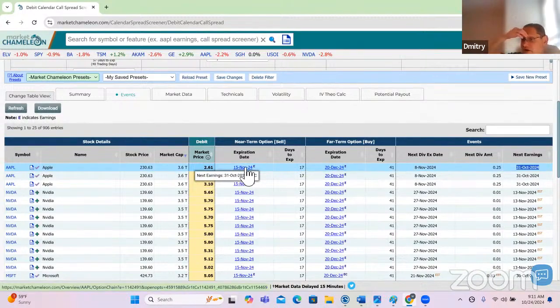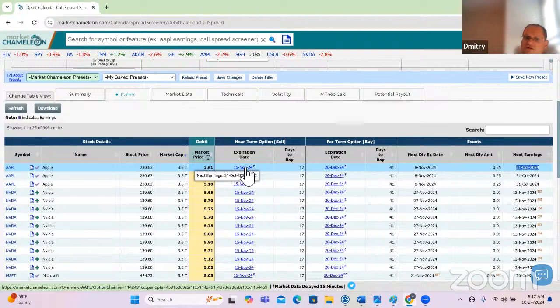It might expire prior to earnings. And then you have the option that's further out, still has days to expiration that may cover it. Or maybe both options don't cover the earnings because they both expire prior to the next earnings. But it's important to know those things to be able to more appropriately price and evaluate that strategy.